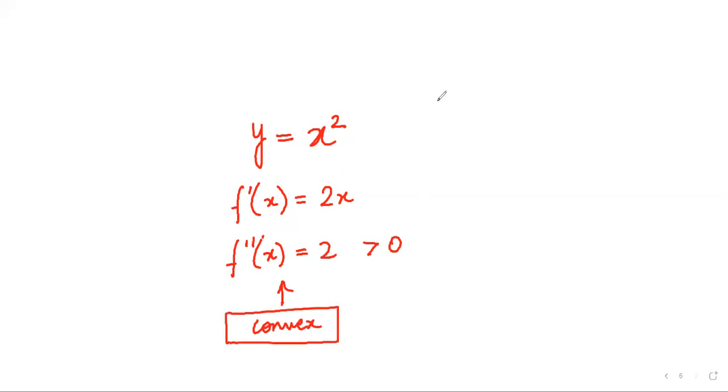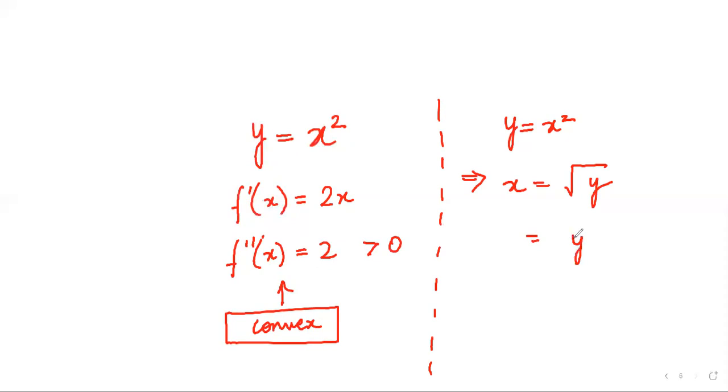Now, let's find out its inverse. So, y is equal to x squared gives me x is equal to root of y, which is nothing but y to the power half.